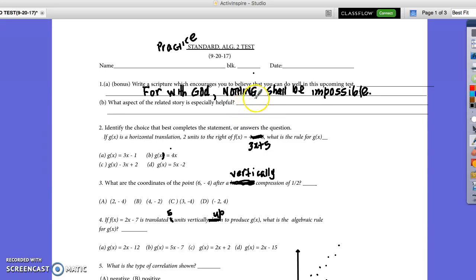And if God could help a virgin to have a child, and what a child, then He can help me in this test. Or you could write, then He can help me with anything.